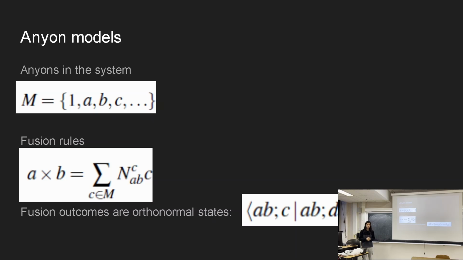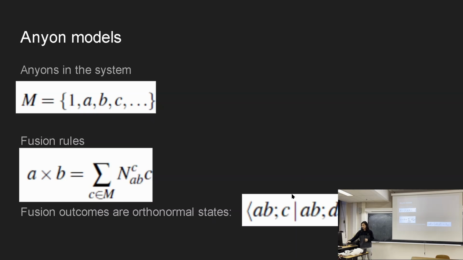Quantum computation relies on non-abelian anyons, which means that once you fuse two anyons, what you end up with is non-deterministic. You don't know which one you're going to get. Essentially, the fusion outcomes are orthonormal states.